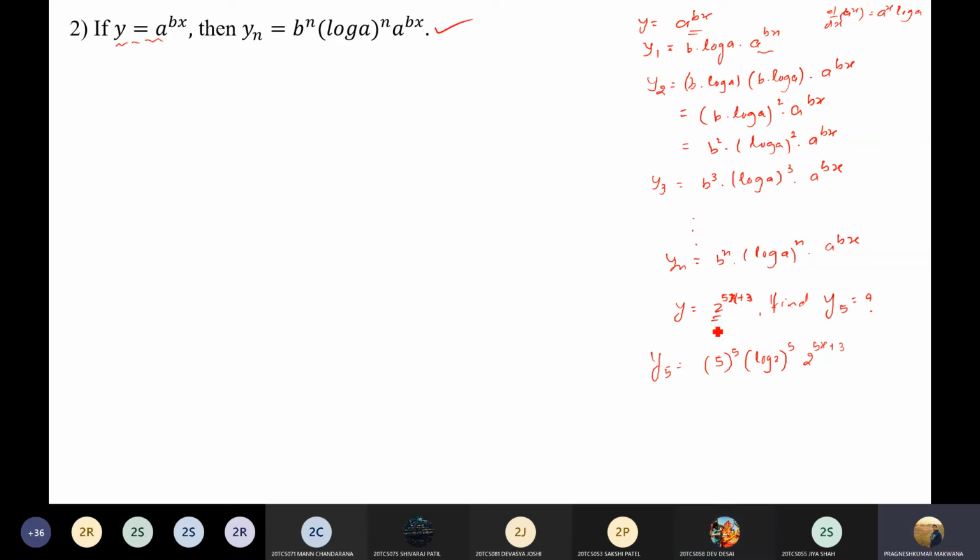You can easily identify the value of a and the value of b. This is extra, so you can rewrite this as 2 raised to 5x into 2 raised to 3. Now find the nth derivative of this and simplify, we obtain this answer. Is it clear? Yes, sir. Good.